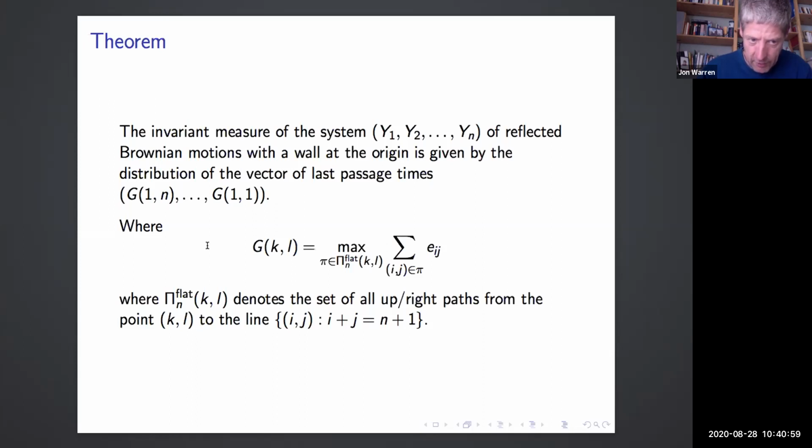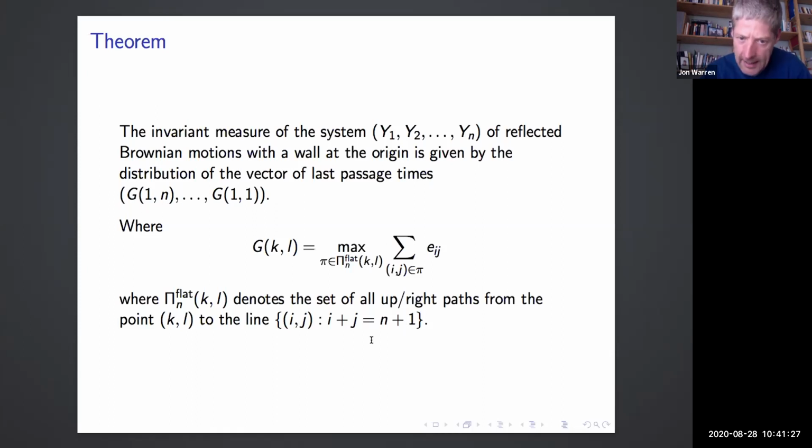So that's G11, the same last passage time as appeared in the first result, and that matches up with the Y_n, the marginal distribution of the top particle under the invariant measure. On the other hand, G1n: 1 plus n is already n plus 1, so you're already on the line.